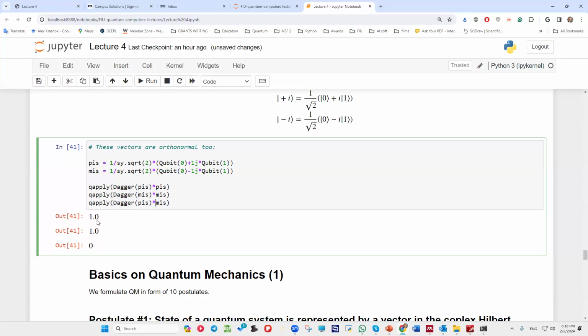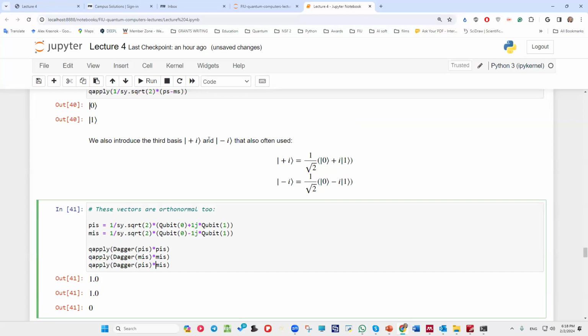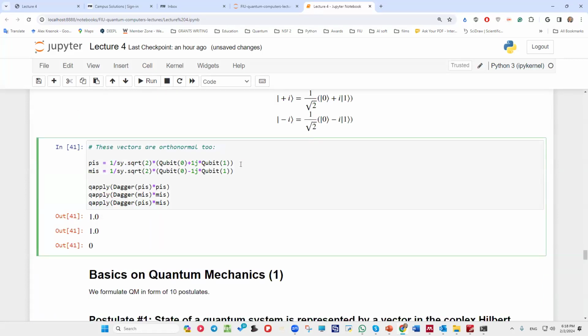Again, the vectors are orthonormal, and we can use these plus i and minus i states as a third basis to describe the same thing, the same system, the same qubit. So all these three bases are equivalent, and one can use each of them to represent the state of a qubit.